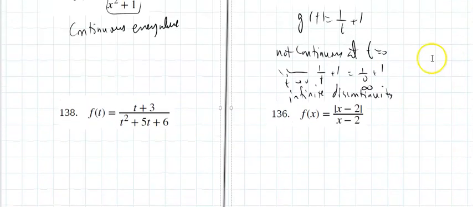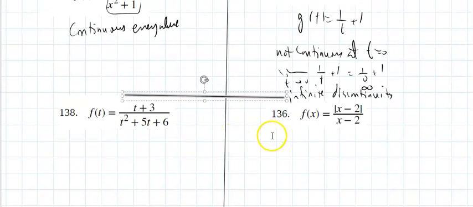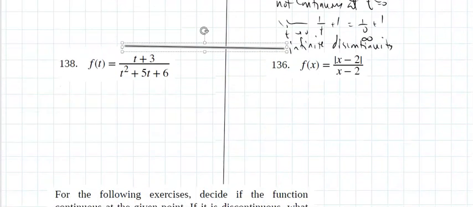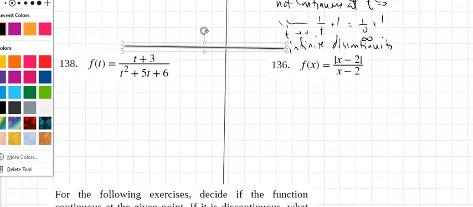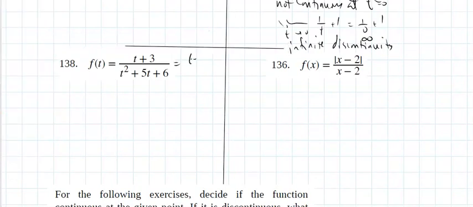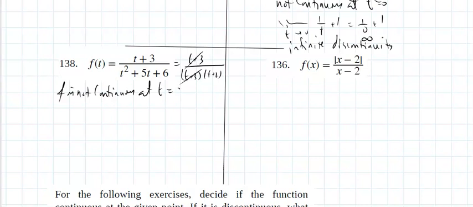Okay, and if we look at the next problem, well, I notice this is t plus 3 divided by t plus 3 into t plus 2. These cancel out. But as it is, I already know that f is not continuous at t equal negative 3 and negative 2.